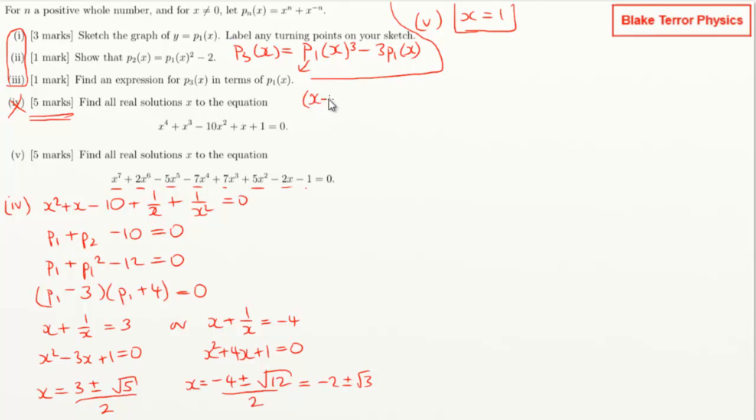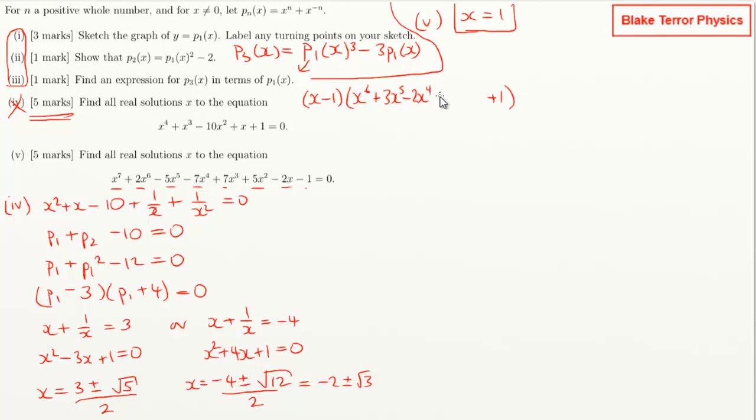So we've got x minus 1 times what? We'd have to have an x to the 6 there, and at the other end we'd have to have a plus 1. So to get our x to the 6s, we've got a minus x to the 6 there, so we need plus 3 x to the 5s, which gives us a minus 3, and we want to get minus 5, so we need a minus 2 x to the 4.